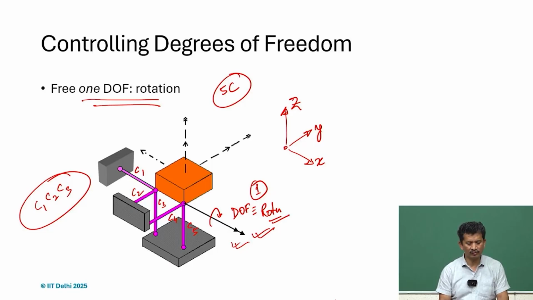So, if you want to give translation to the orange body, along x, y and z, it will be constrained by C1, C2 and C3. Of course, we have C4 and C5 also, but if we just consider C1, C2 and C3, they already constrain all 3 translations.